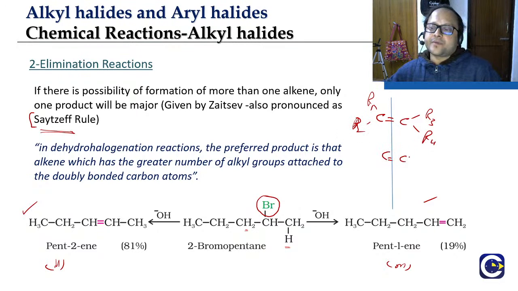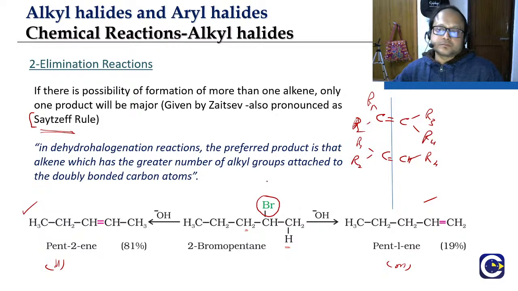Then you can have something like this. Out of these two, the first one has 4 alkyls present around the double bond, the second one has only 3 alkyls present around the double bond.